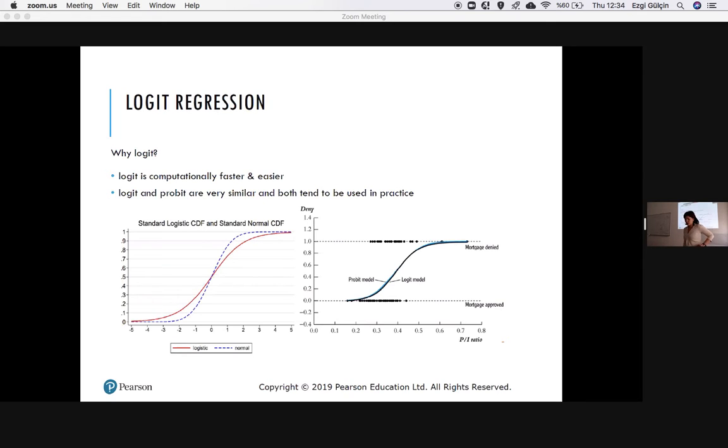These all seem to be very similar. The only difference is that, if you remember the scatter plot between x and y, this is the logistic function, this is the normal function for a general database, and for the database that we actually used, as you can see, the probit model and the logit model estimate the same regression model.